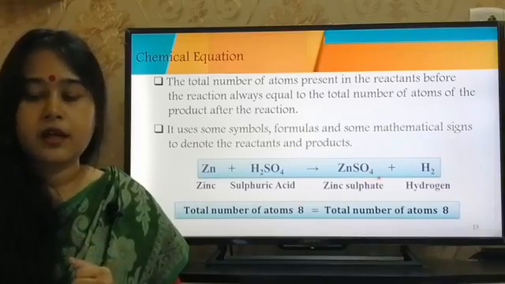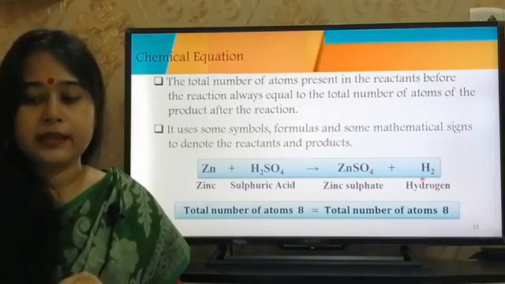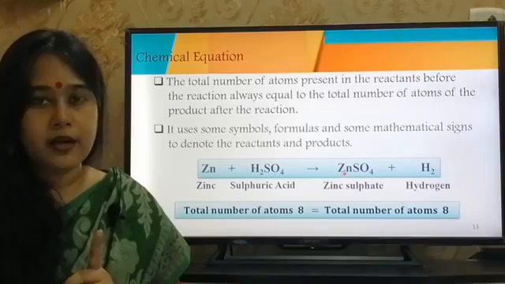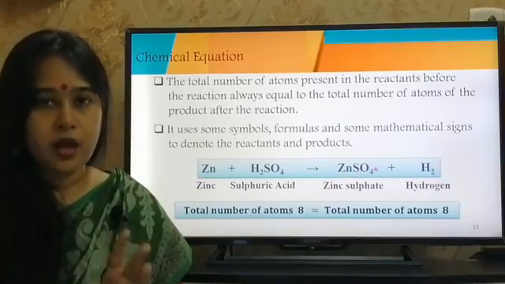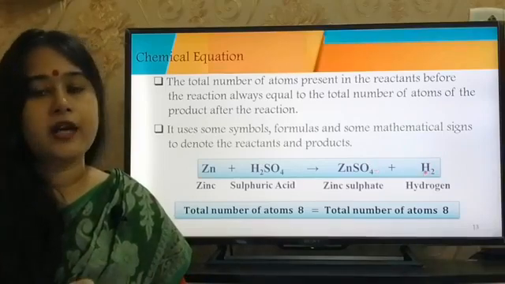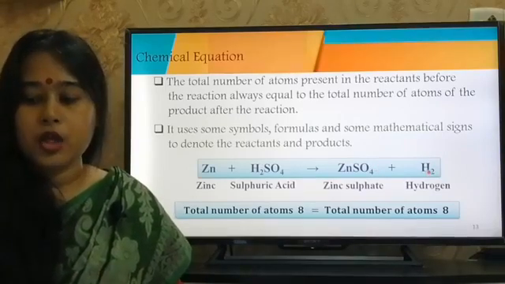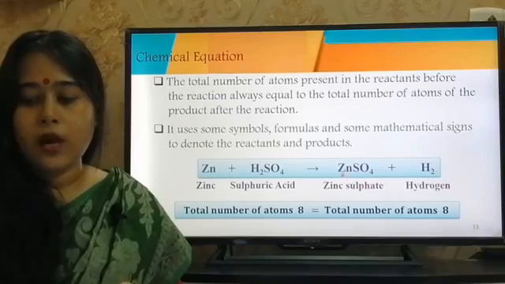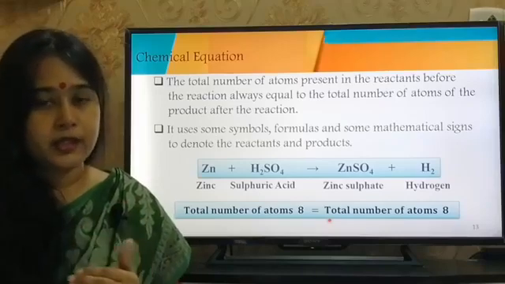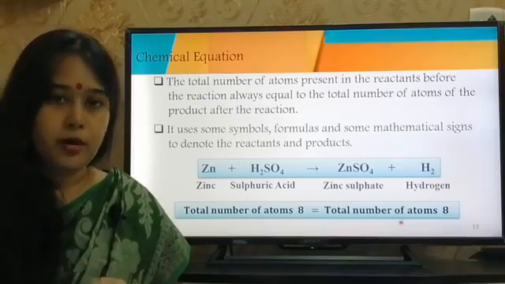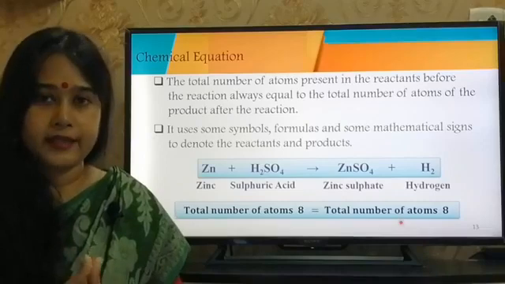And on the product side you can see how many zinc are here, 1. How many sulfur, 1. How many oxygen atoms, 4. And how many hydrogen atoms are here, 2. So if you count this 1, 1, 4, we get 6, and this 2 we get 8. So on the product side the total number of atoms is also 8.